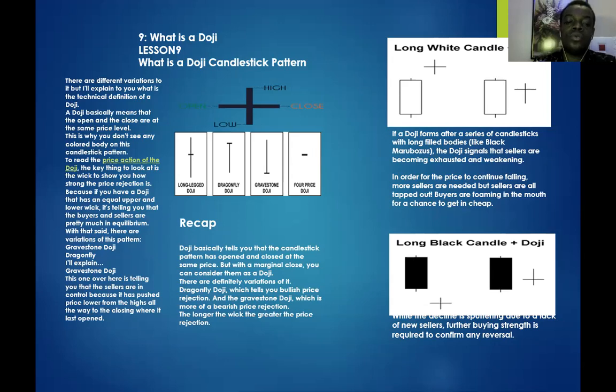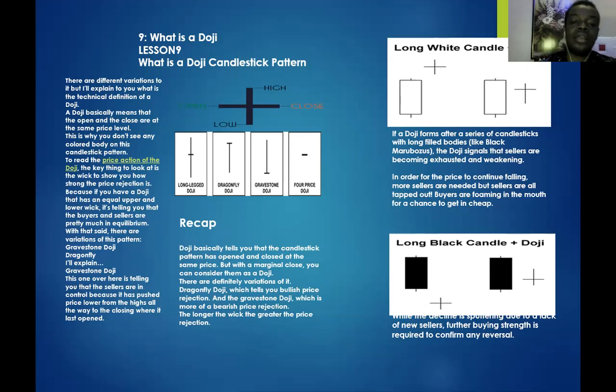So let's go to the recap before I go to a live chart. A recap: doji basically tells you that the candlestick has opened and closed at the same price, or with an imaginary close you can consider as a doji. There are different variations of it: the dragonfly doji, which tells you of bullish price rejection, and the gravestone doji, which is more of a bearish price rejection.